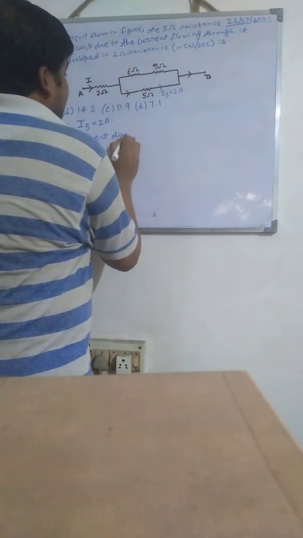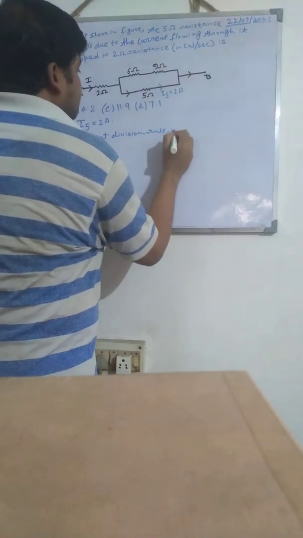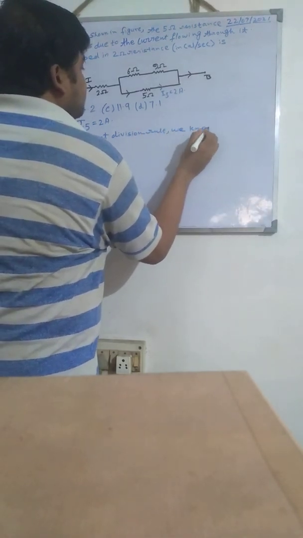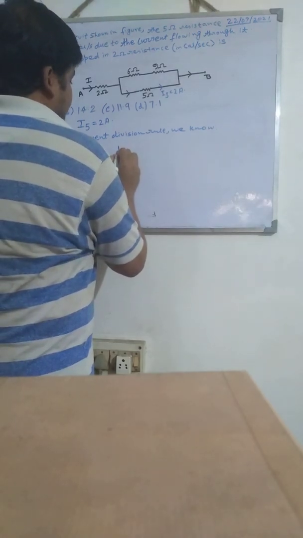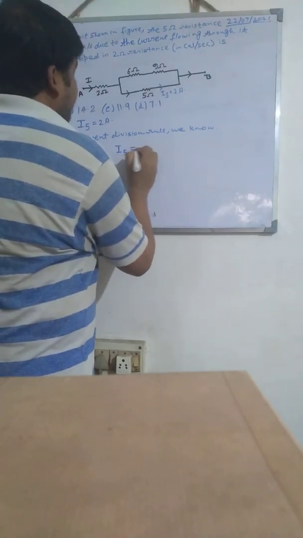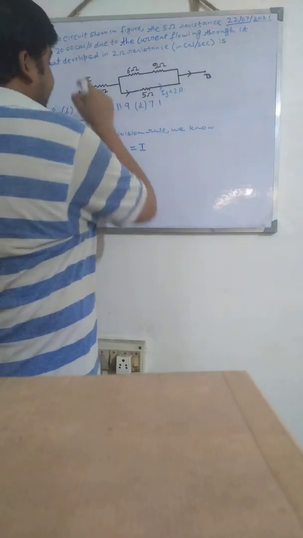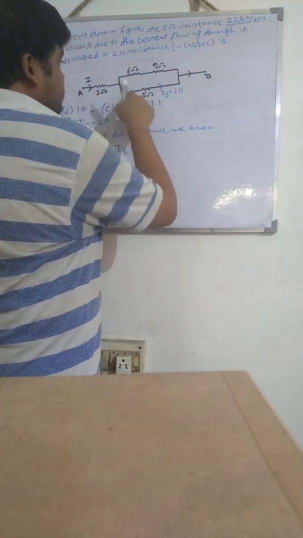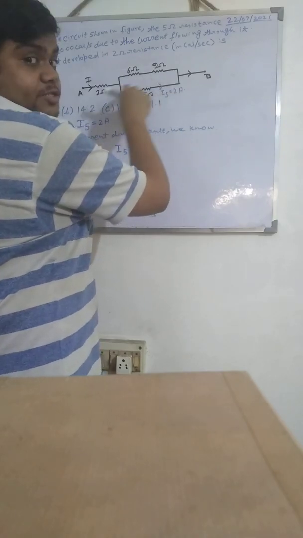From current division rule, we know I5 will be equals to main current. This is the main current, that is I, into next path resistance. I5 is flowing through this path.